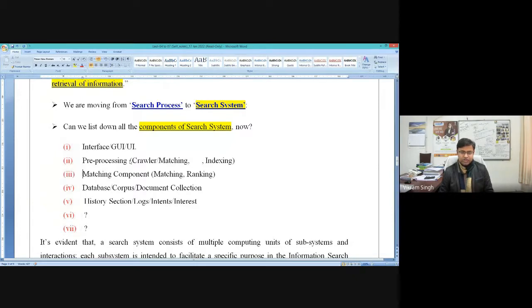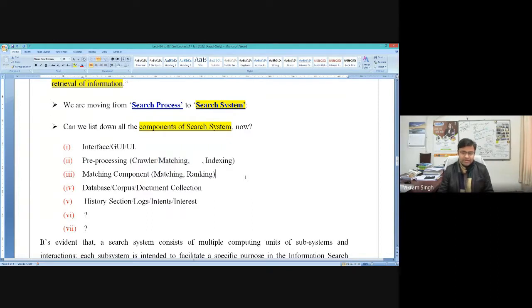Then, specifically in the matching component, we need a matching and ranking mechanism, right? This matching is different from the matching in pre-processing. The matching during pre-processing means your algorithm is trying to identify all the possible related documents on the internet at the beginning of system design.